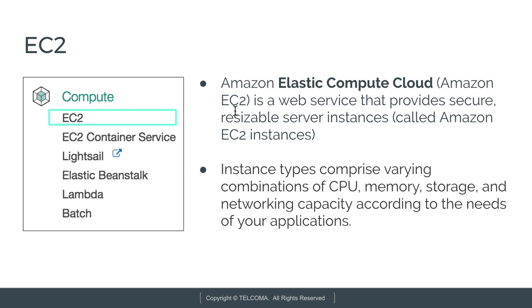Organizations can select from a variety of operating systems and resource configurations. In resource configuration, what do they require? They require a combination of CPU, memory, storage, and networking capacity, all based on the needs of the applications.